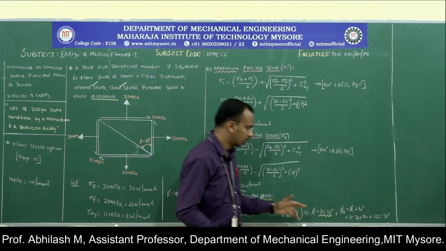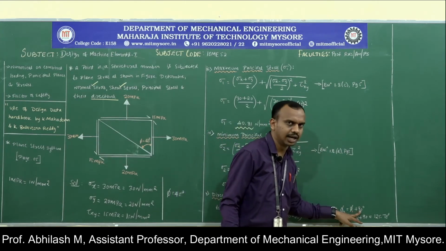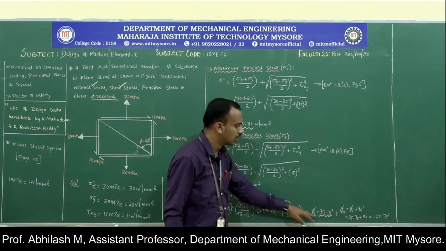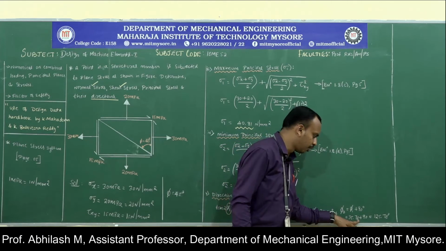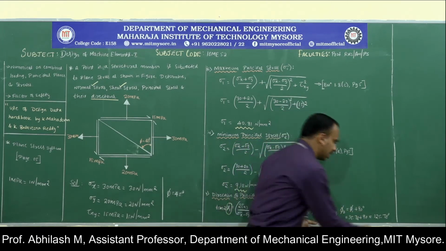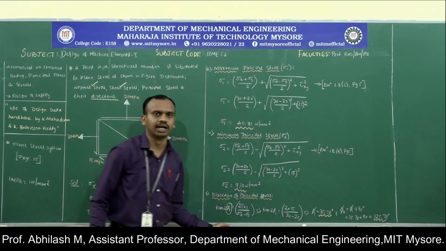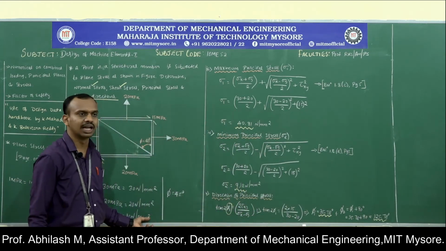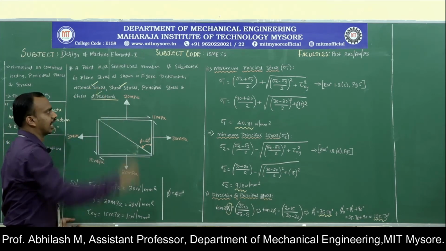So, phi 2 will be equal to phi 1 plus 90 degrees. What is the phi 1 value? The phi 1 value is 35.78, and 35.78 plus 90 degrees will give us the value of 125.78 degrees. So, we have calculated the angles also, in which directions they are acting.